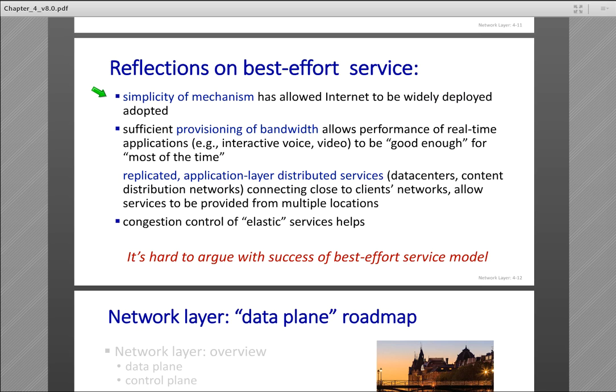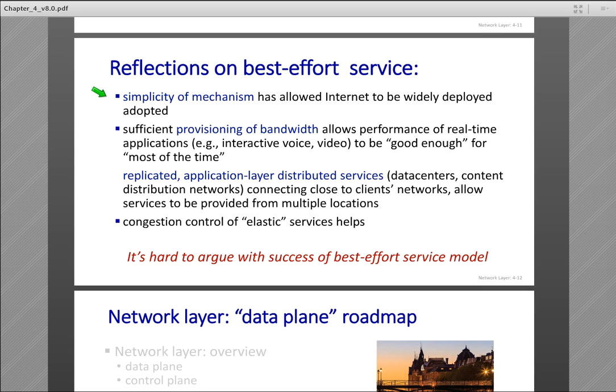If you look at telephone telecommunication networks, they are extremely complicated. But the best effort service of the internet, of IP, is very easy. You can develop it widely.